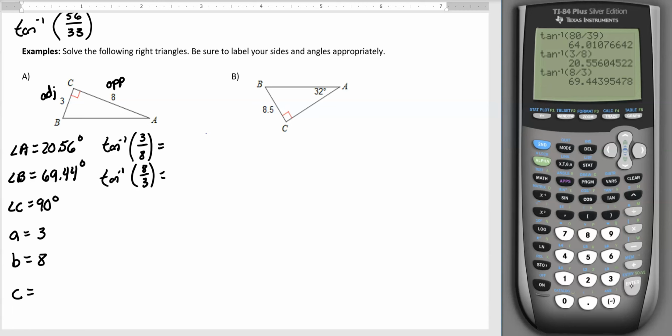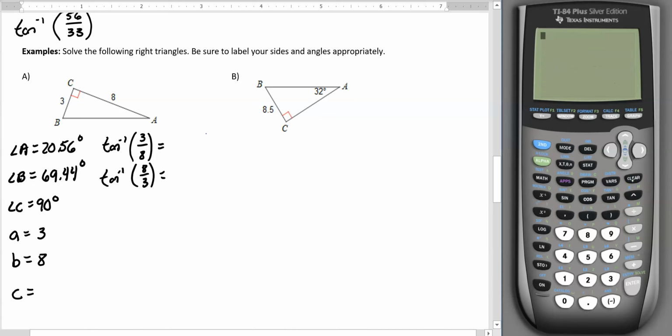And side C we can do quite simply using Pythagorean's theorem. We could use trig, but again, since these are rounded values, we don't want to use them because they will cause our calculations to be even more inaccurate. So let's just use Pythagorean's theorem. So a squared, 3 squared plus b squared, 8 squared, equals c squared.